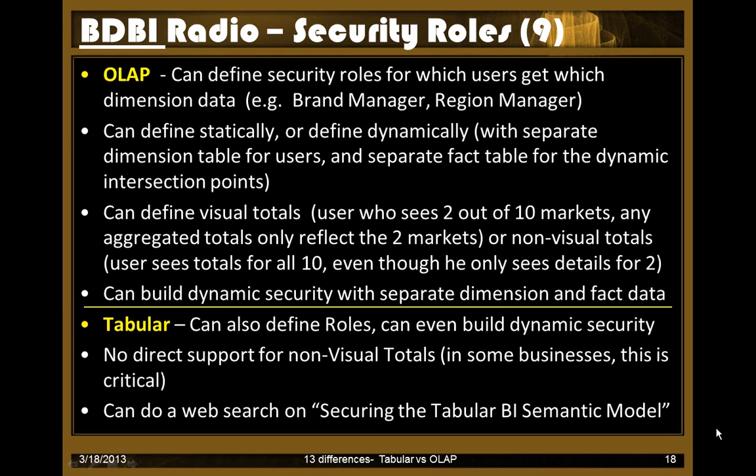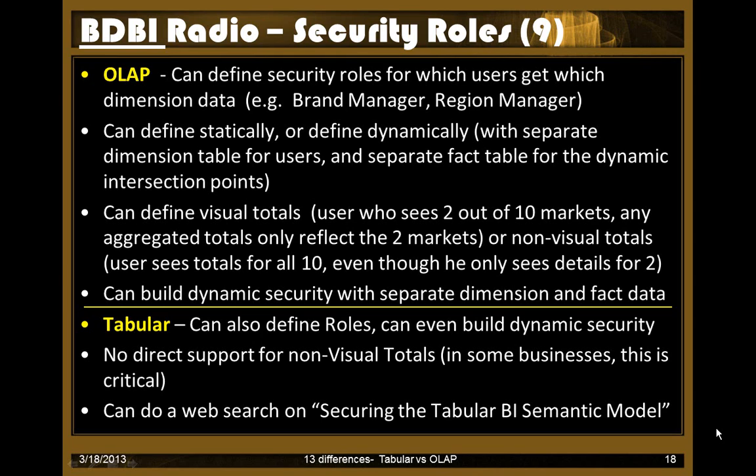Now, over on the Analysis Services OLAP side, OLAP handles this pretty well. We can define security roles for which users get access to which data, and you can do it either statically, where users or groups of users on the domain are only supposed to see certain brands or certain geographies or combinations.